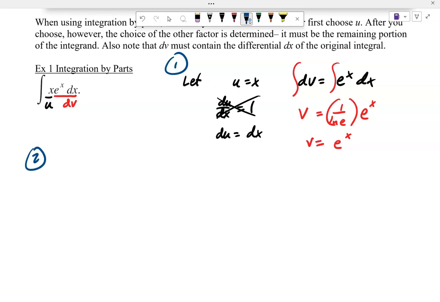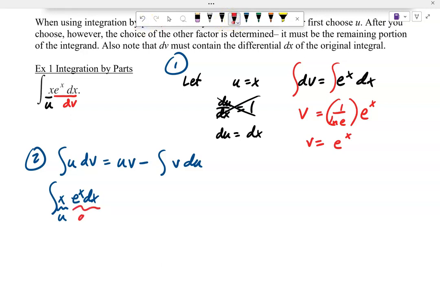And number 2, let's write the formula for integration by parts. The integration of u dv is uv minus the integration of v du. Okay? So in other words, the integration of x e to the x dx, remember this is the u, and this was our dv.